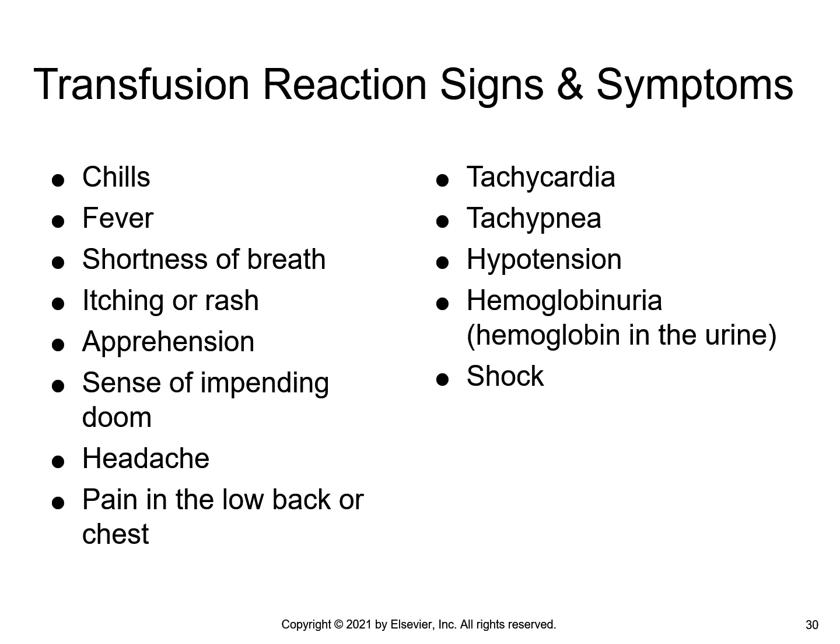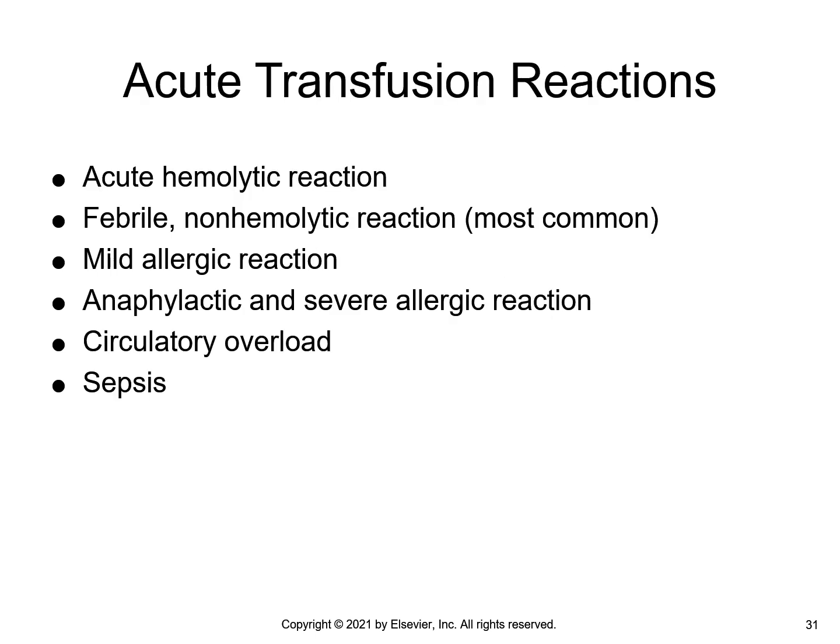As long as there are no signs of any adverse reaction, the patient is assessed and vital signs are taken every 30 to 60 minutes until the transfusion is complete, depending upon the institutional policy. An ABO incompatible reaction occurs with infusion of ABO incompatible blood or components containing greater than 10 milliliters of red blood cells.